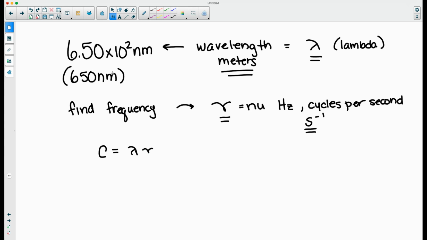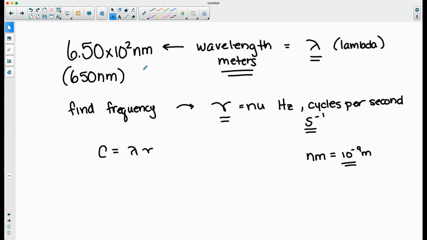Now, I have my wavelength in nanometers. Thankfully, I know that nanometers equals 10 to the -9 meters, right? We memorized these powers of 10 if you have me. So I am going to change my n, right?